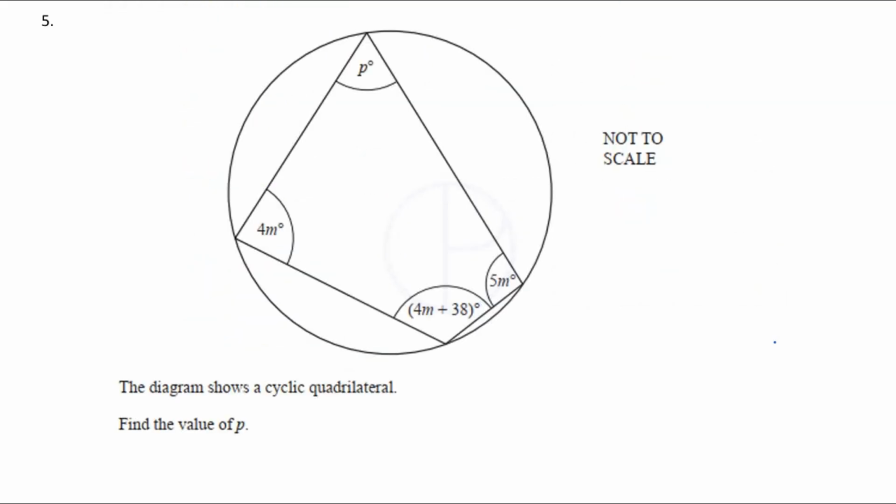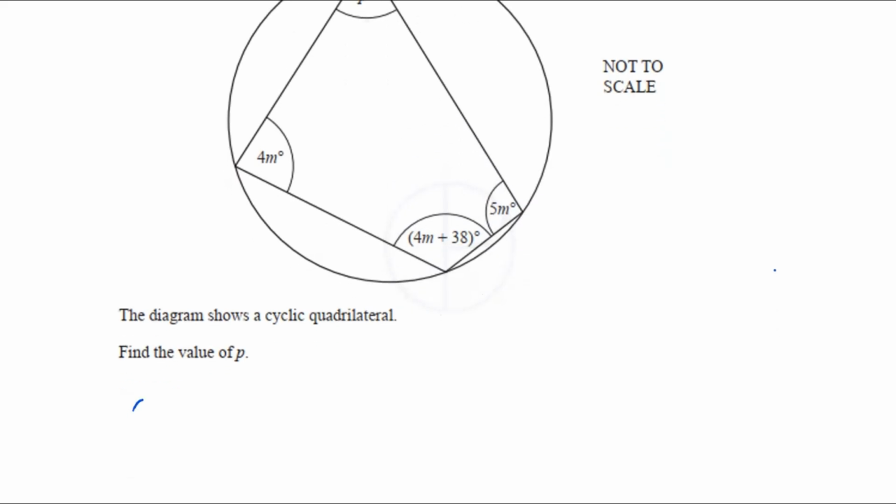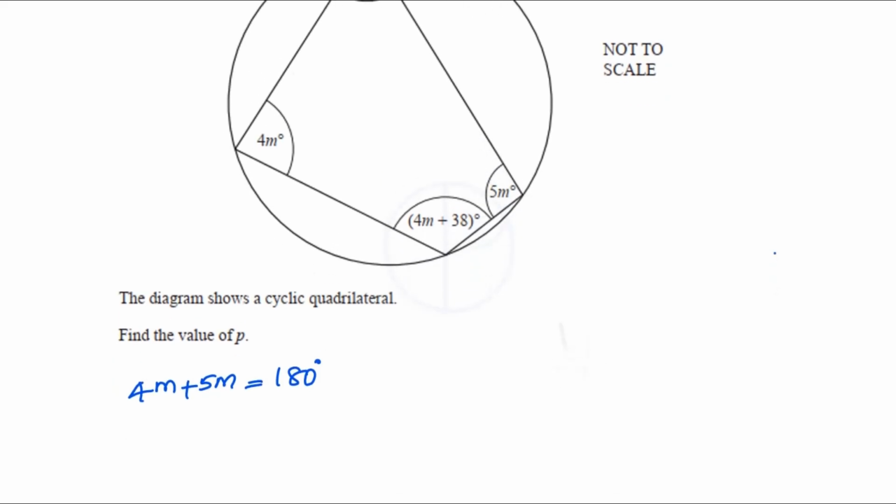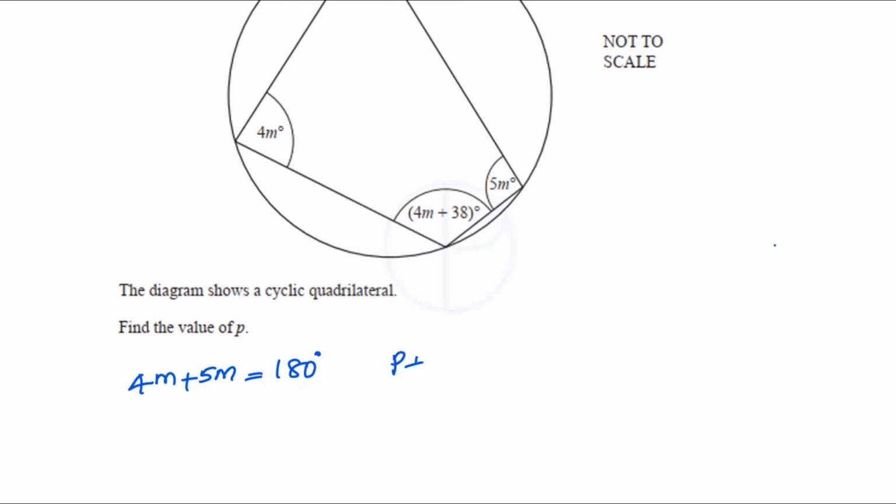The diagram shows a cyclic quadrilateral. Find the value of P. In a cyclic quadrilateral, opposite angles sum up to 180 degrees. So here 4M and 5M are opposite angles, so this is equal to 180. And P plus 4M plus 38 are opposite angles whose sum is 180.